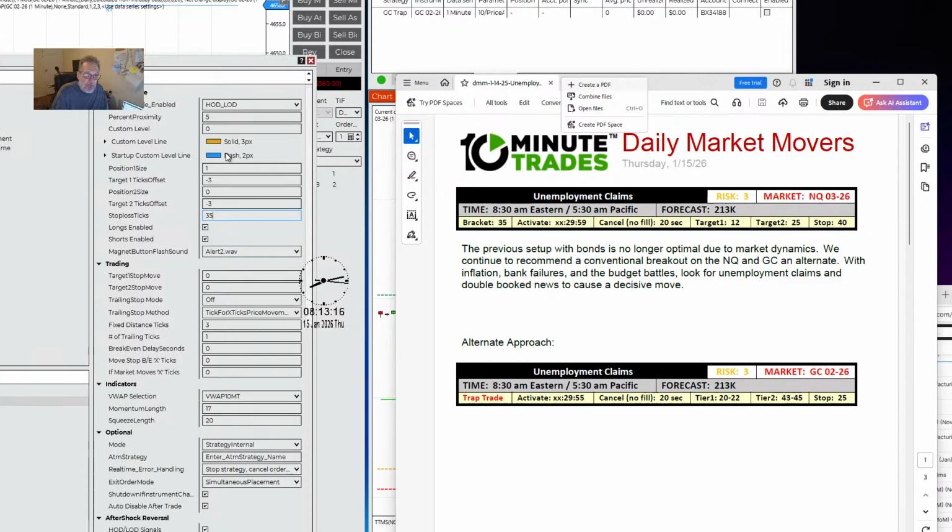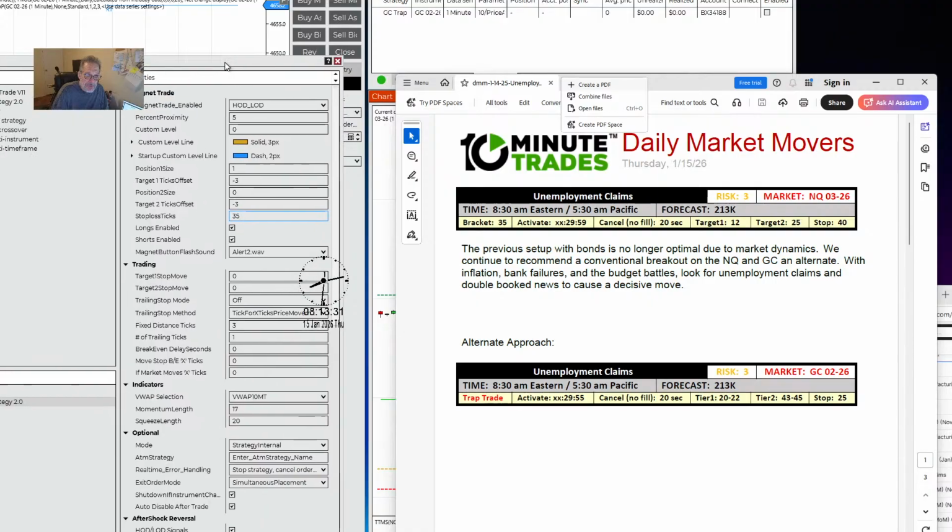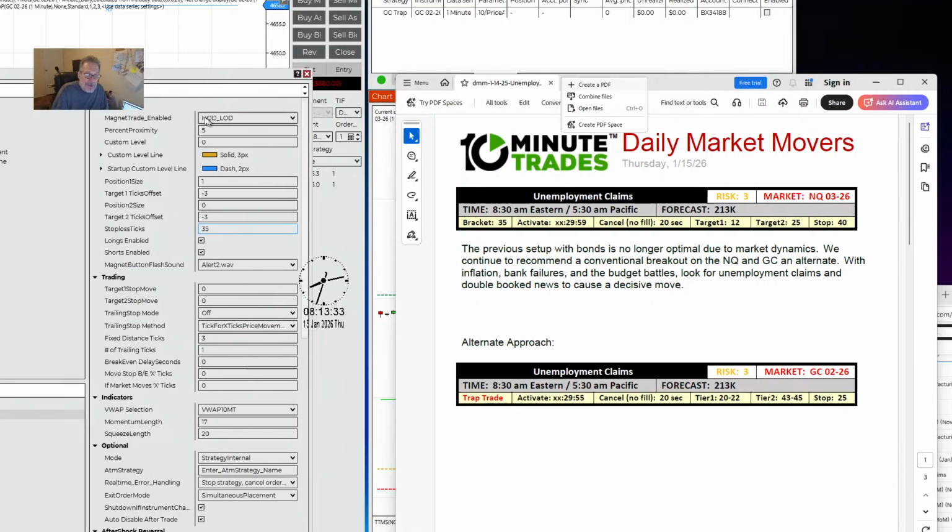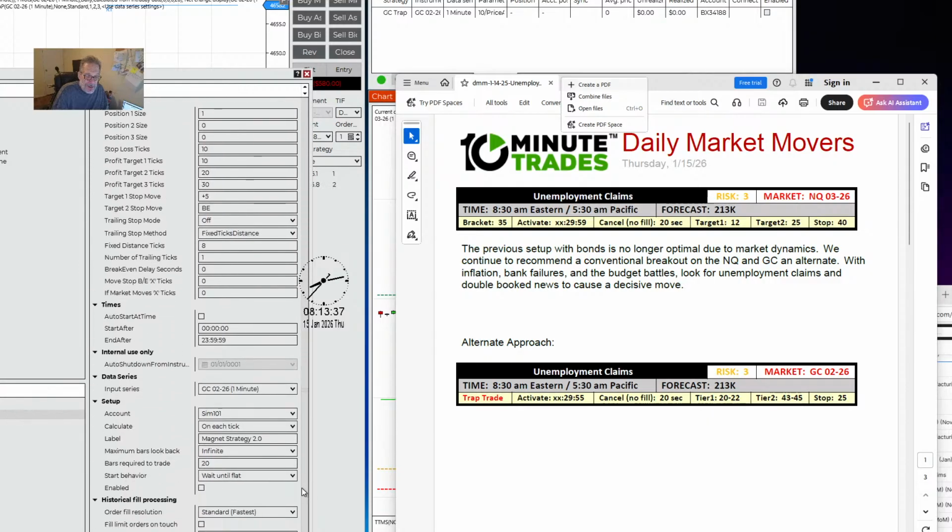So I've set up a one position magnet with a default exit 3 ticks before it gets to the high or 3 ticks before it gets to the low. That's what target 1 -3 means. Offset 3 ticks before it gets to the high or the low. We're choosing the high of day, low of day magnet. All right, I'll choose the account I want to trade it in.